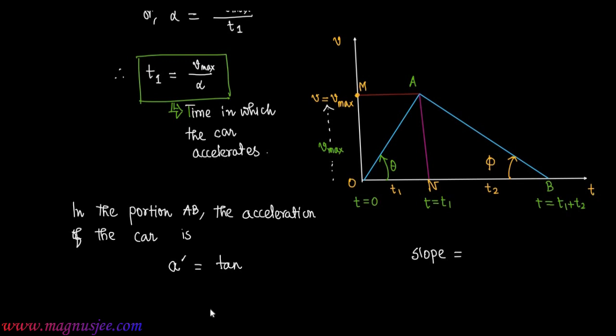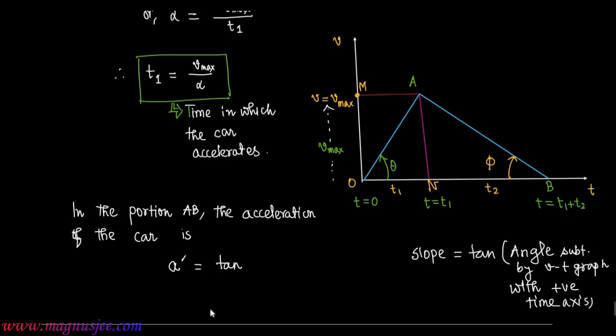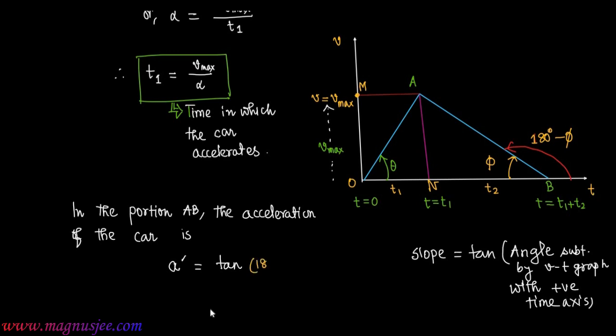We know that slope is the tangent of the angle subtended by the Vt graph with the positive time axis. The angle subtended by the Vt graph AB with the positive time axis is 180 degrees minus phi. That's why the acceleration of the car in the portion AB is a prime, which is tan of 180 degrees minus phi.